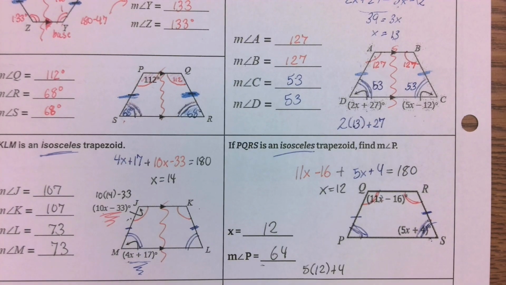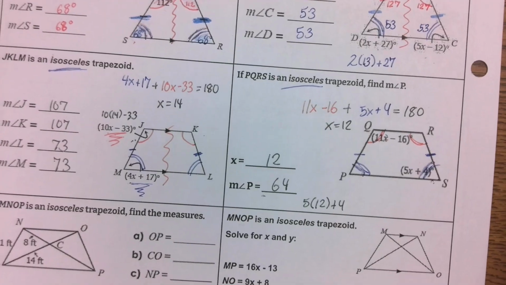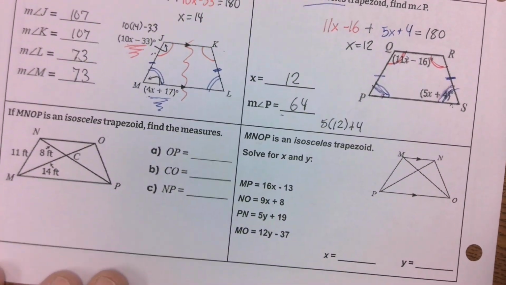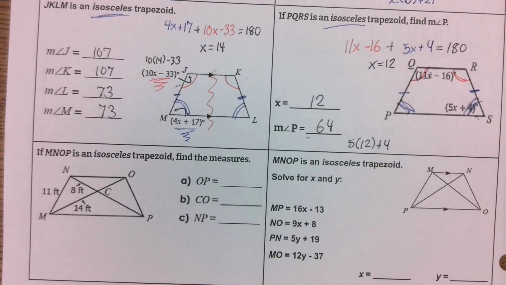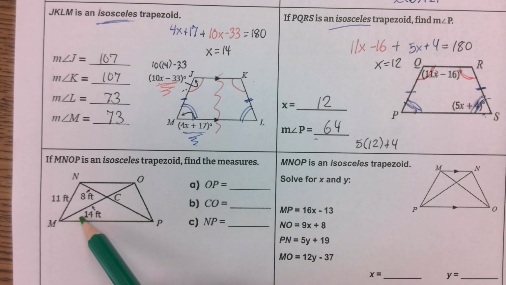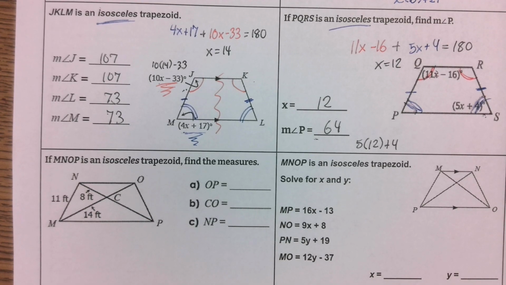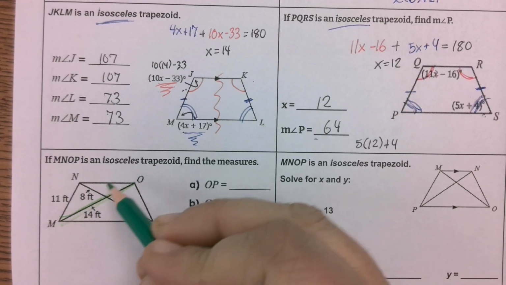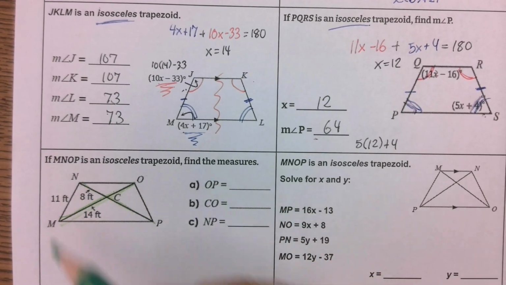Okay. The last thing that we need to go over very briefly here is how to solve using diagonals. So we know that the diagonals are congruent, and we know that the bottom part of the diagonal is congruent to the bottom part of the diagonal. Okay? So I know, for example, that this entire length is going to be equal to this entire length.